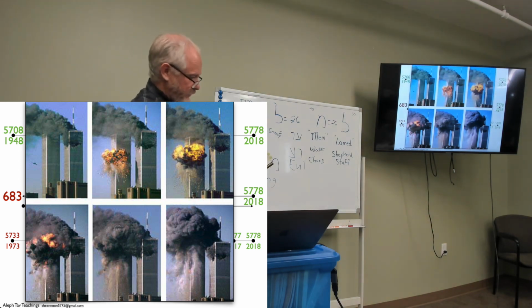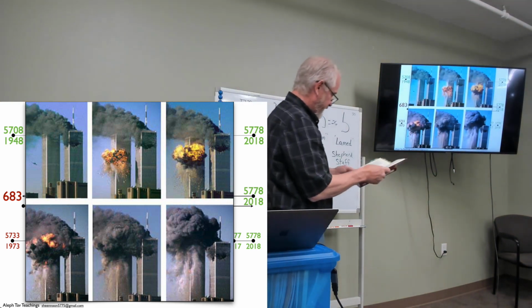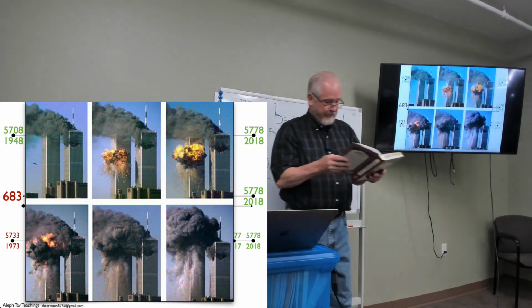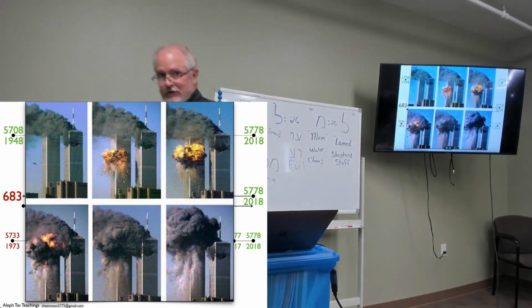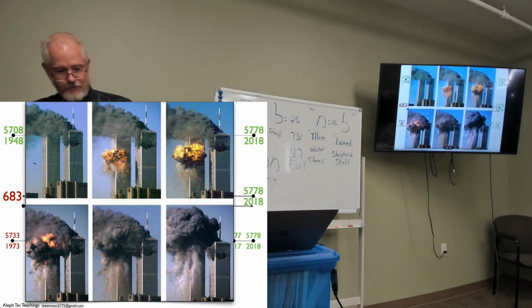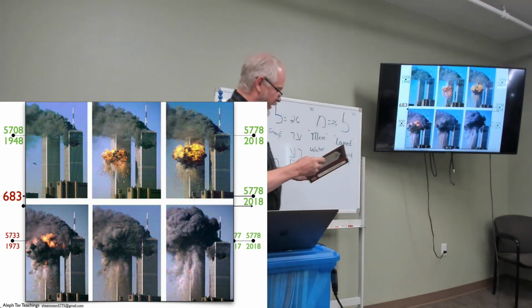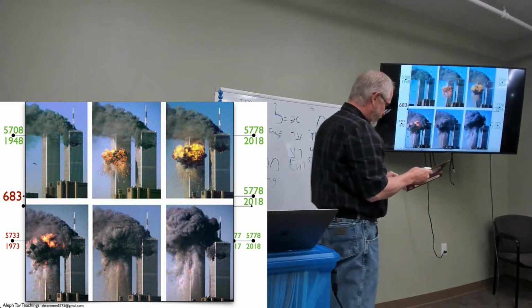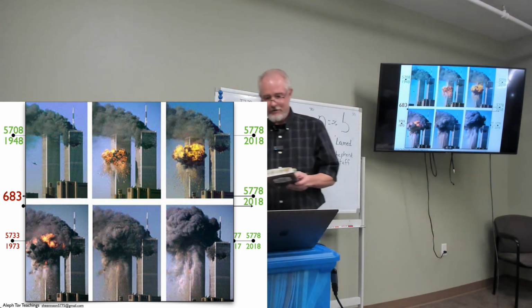And if you go to Revelation 18, verse 1, "After these things I saw another angel coming down from heaven." There he is, the one that flew. "He had great authority, and the earth was lit up by his splendor. He cried out in a strong voice, 'She has fallen, she has fallen, Babylon the Great.